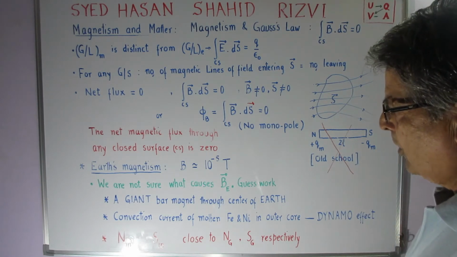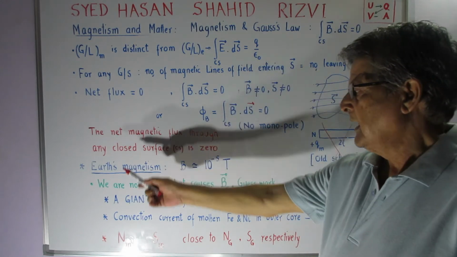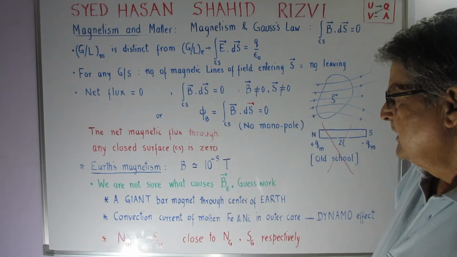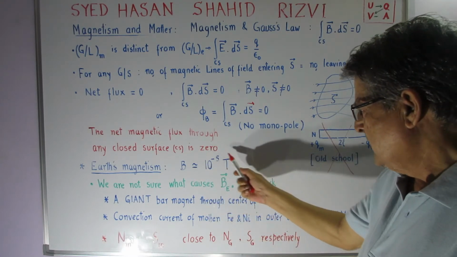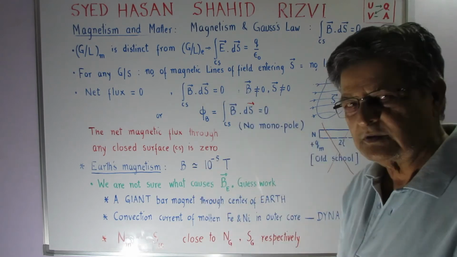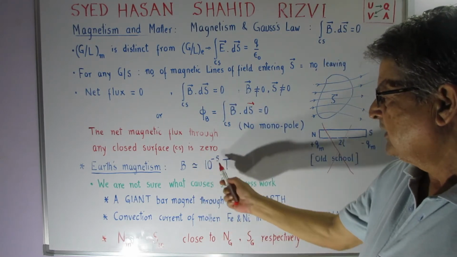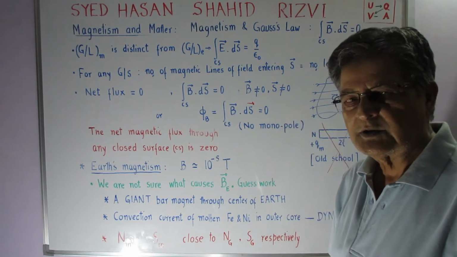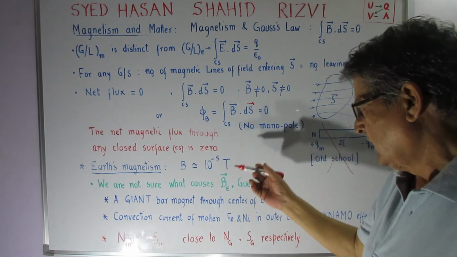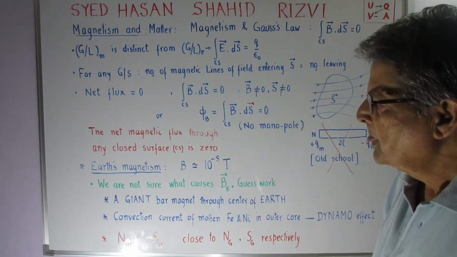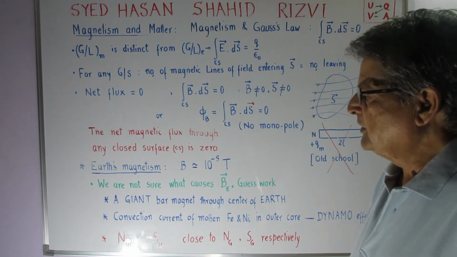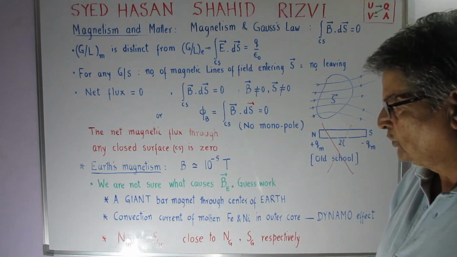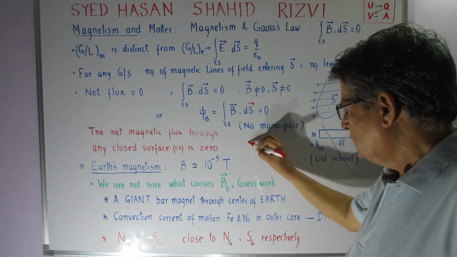Now, let's go beyond that. The next topic is Earth's magnetism. If it is measured and mapped all over the Earth, the magnetic field due to Earth is found to be numerically around 10 to the power of minus 5 Tesla. Of course, the directions are different at different longitudes and latitudes.